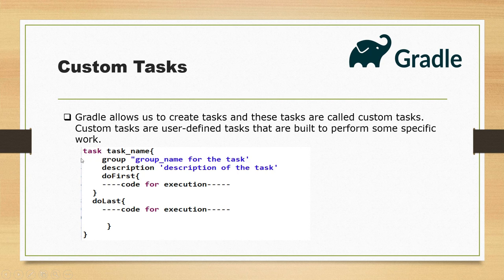First of all, you need to use the task keyword, and afterwards you need to specify the task name, and then you can specify group, description, doFirst and doLast. These are the closures, or blocks, in Gradle where you can specify the code for execution, right? So that's the way to define a custom task in Gradle.